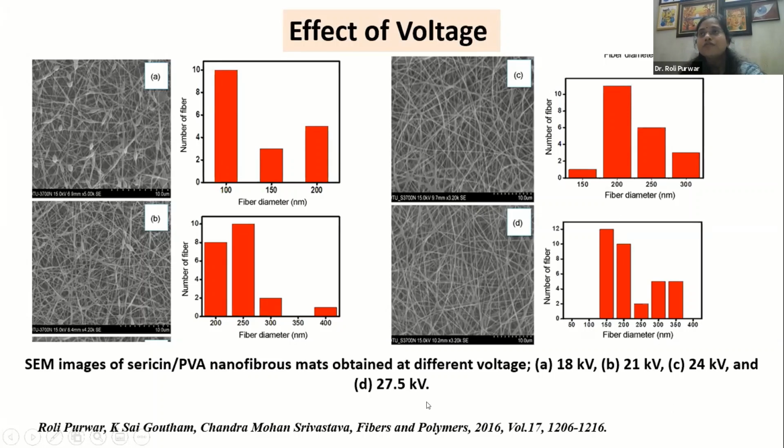Then at 27.5 kilovolt, when the voltage is very high, we achieved a good diameter, like 160 nanometer fiber. This is because when we give a high voltage supply, it will stretch the polymer from the spinneret to the collector plate, and with more voltage there is more stretching of the polymeric material, and we got a lower diameter.